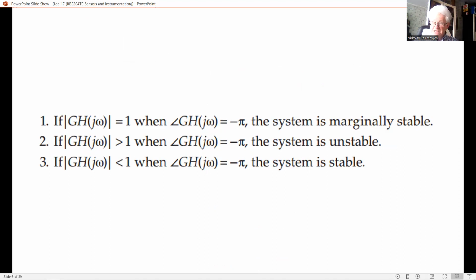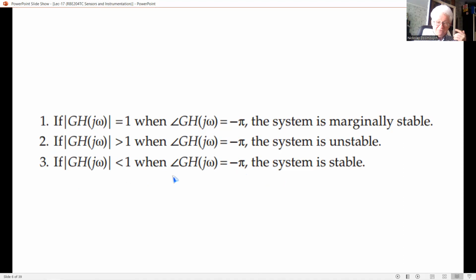And this is an unstable situation. On the other hand, if the loop gain is less than 1 at this frequency, while the loop phase lag is pi, the signal magnitude will monotonically decay as the signal cycles through the loop. And this is a stable situation.